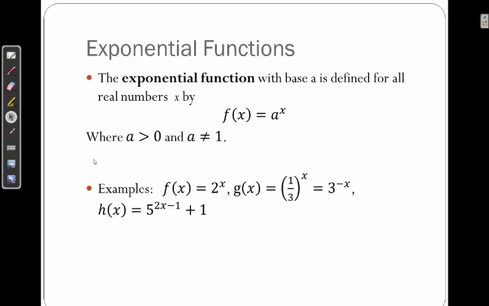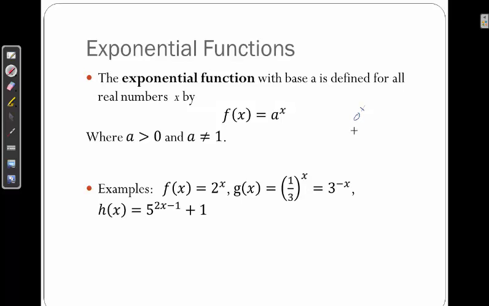Now, why do we make these conditions on the base? Well, really it's to avoid ambiguity. If you think about, say, if I had 0 to the x, well, that wouldn't be a very interesting function because 0 to any positive power would be 0, just 0.